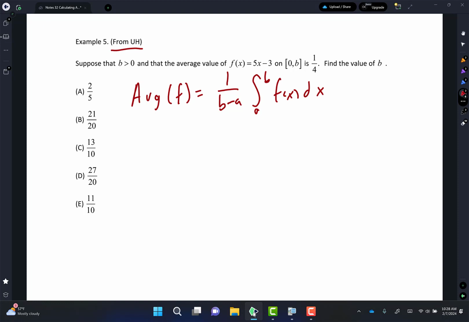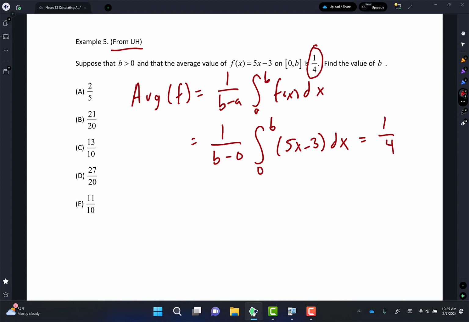Okay, here we go. 1 over b minus 0, because I want you to see where everything's coming from, integral from 0 to b of 5x minus 3 dx. And they tell me that the average value is what? 1/4. Here's the only calculus there essentially is on this.